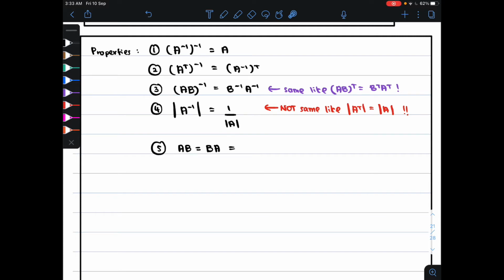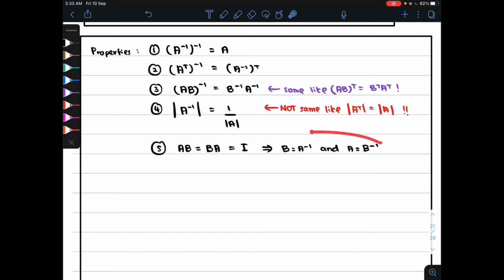But if you have AB equal to BA, this means that there is only one conclusion. If AB is equal to BA, this means that they are equal to identity matrix I. And from here, B is actually A inverse and A is actually B inverse.